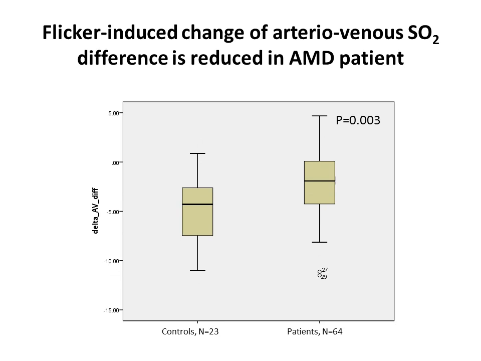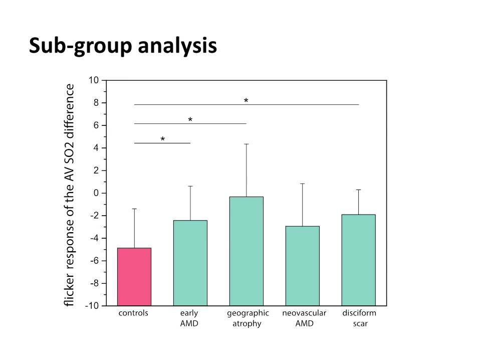However, for the change of the AV difference by the flicker, we found again a physiological reaction in the controls, but a significantly reduced reaction in the patients. Subgroup analysis revealed that there was a statistically significant difference for all groups except the neovascular AMD.